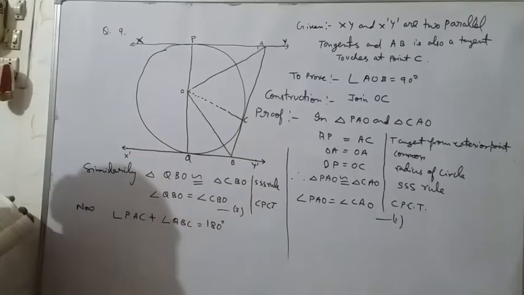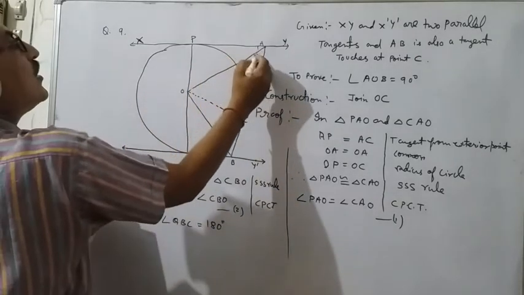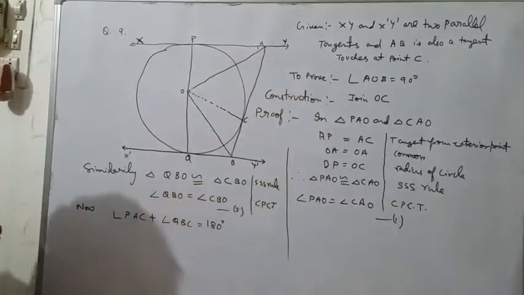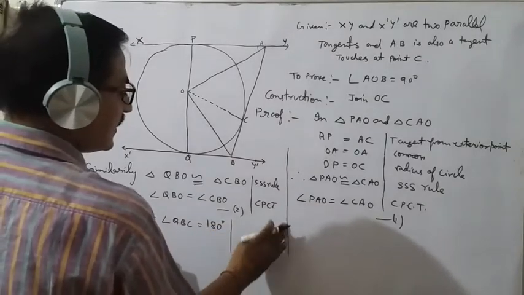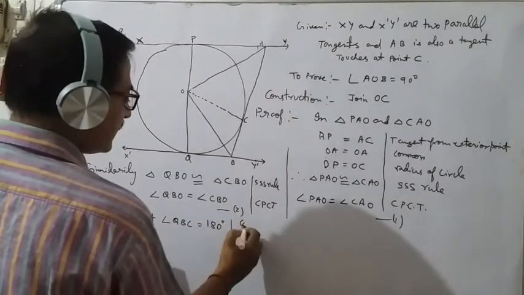Because XY and X'Y' are parallel tangents, so they are what? Co-interior angles. Co-interior angles, their addition is what? 180 degrees. Okay. Angle PAC plus angle QBC equal to 180 degrees. Reason you write down co-interior angles.